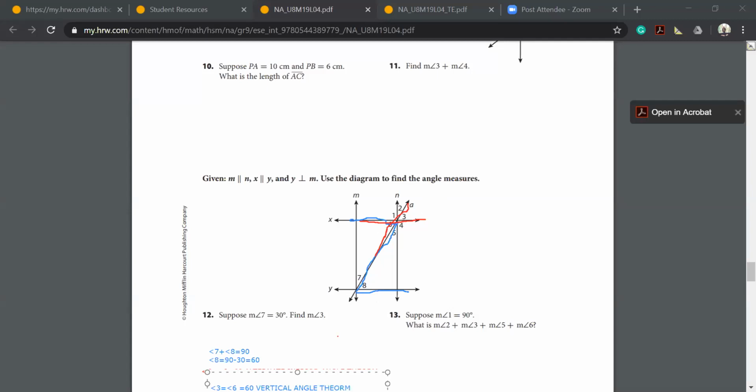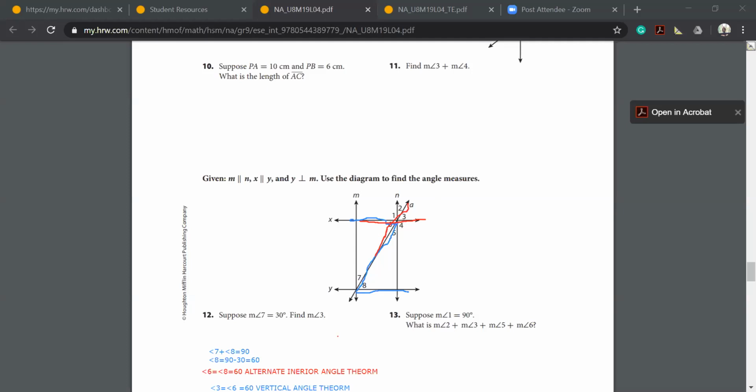And that's it. You found your angle. First of all, I used the definition of perpendicular to find measure angle 8. And then using Z, I found the alternate interior angle theorem. And then using the vertically opposite angle theorem, I found angle 3. Understood?